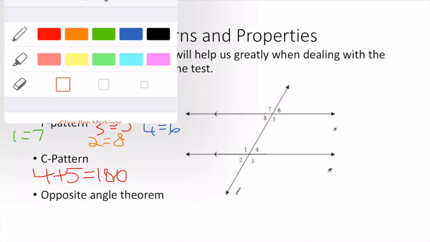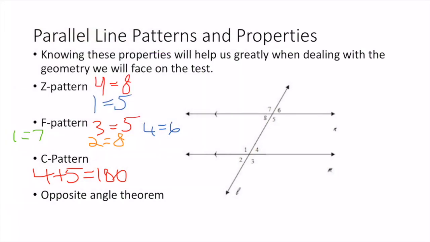Which makes sense. They're just supplementary angles because we know that 4 and 6 are the same. If 4 and 6 are the same, this is a straight line, so they're supplementary angles, so angle 5 plus angle 6 would also equal 180.